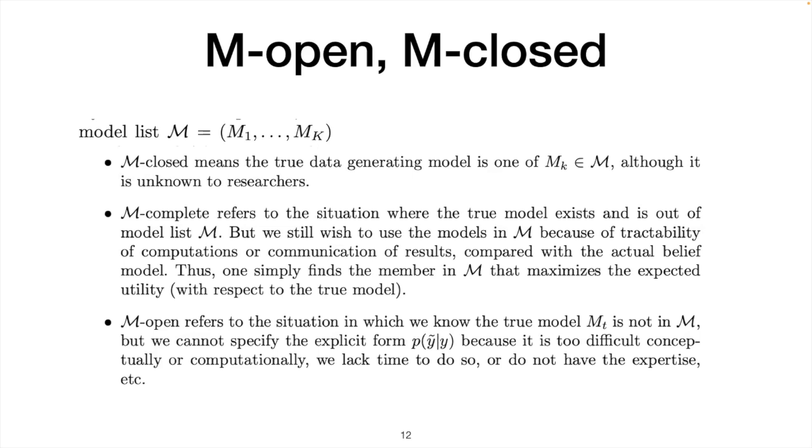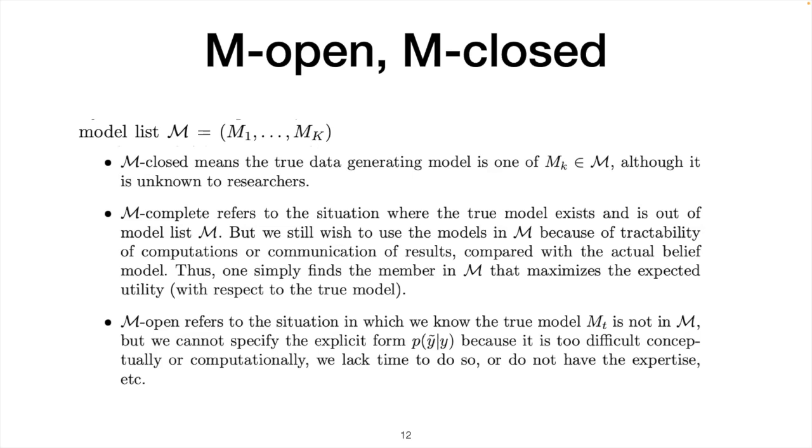We typically have three M views called M closed, M complete, and M open. M closed means that you believe one of the models in your model list is correct, but you don't know what it is. You just know one of the models is correct.